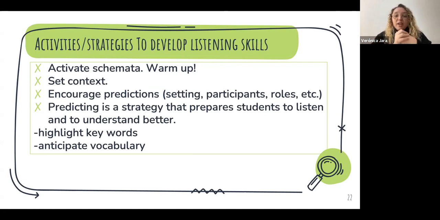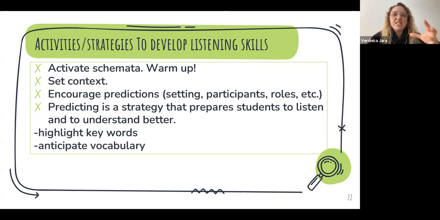So how can we do this in class? By doing two very simple things. And I'm sure you all know this. Asking students to highlight keywords, for example, in the questions. Asking students to anticipate vocabulary before they listen. Okay, what kind of vocabulary do you think you're going to hear?